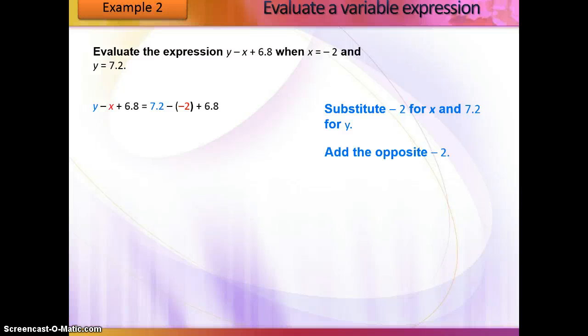Now we will add the opposite of negative 2. So 7.2 minus negative 2 is the same as saying 7.2 plus 2. That would give us 9.2. Now we add all the digits together, and the answer is 16.